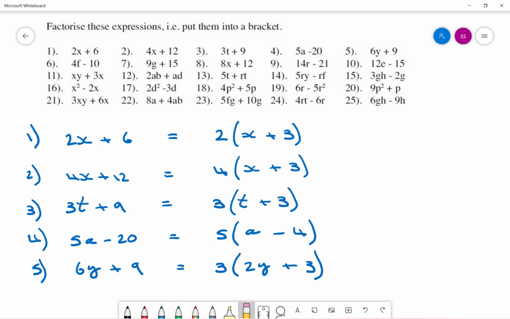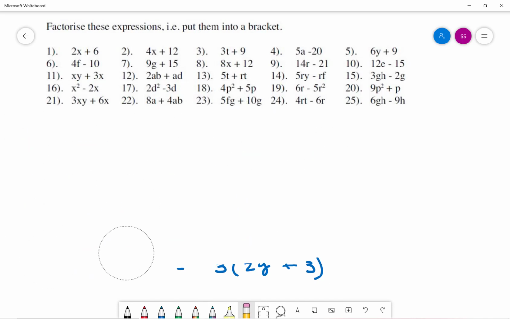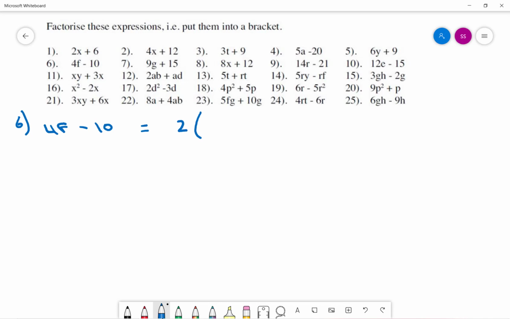Let's clear some space and we'll keep going here with the second row. Okay then, so number 6 next. 4f minus 10. Our common factor here is going to be a 2. So 4f divided by 2 leaves me with 2f, and minus 10 divided by 2 leaves me with minus 5.